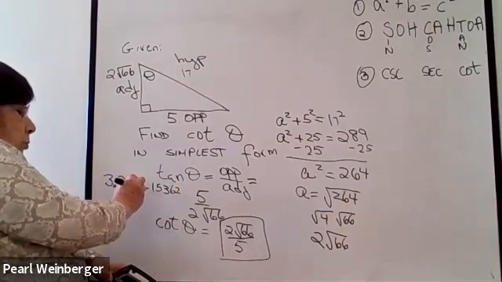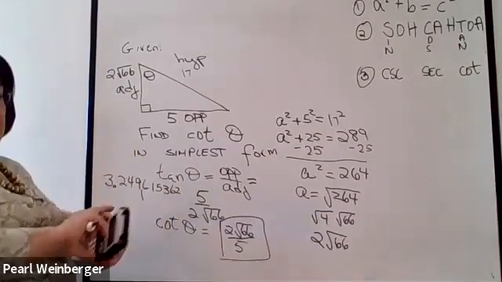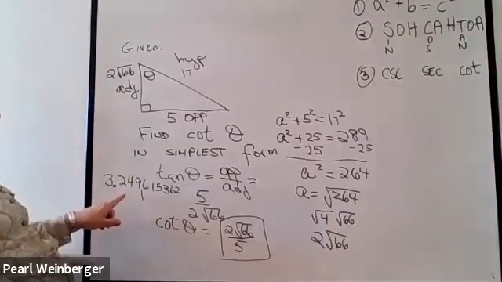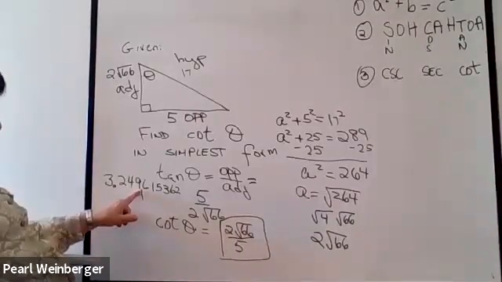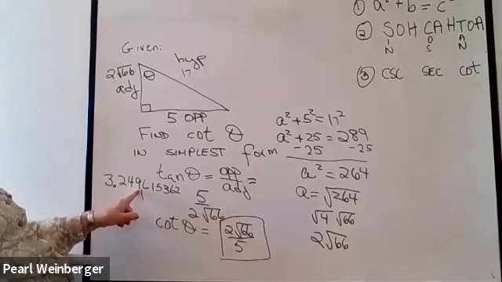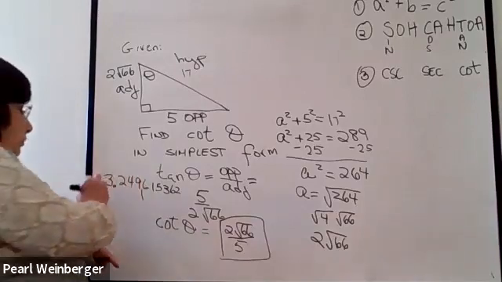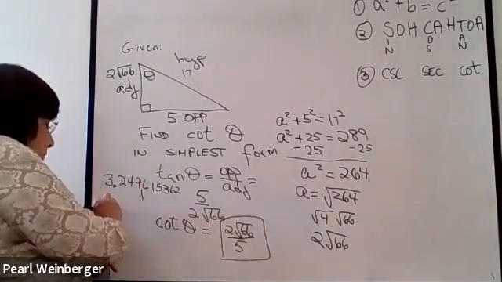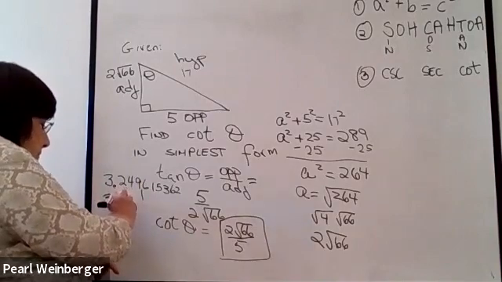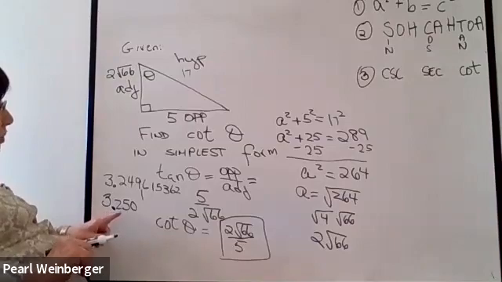If I want to round to the nearest thousandth, I would stop after the 9, but I see that the next number after the 9 is a 6. That means I have to make this 49 into a 50. So to the nearest thousandth, the answer is 3.250.